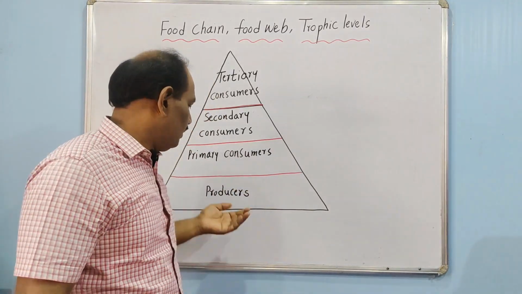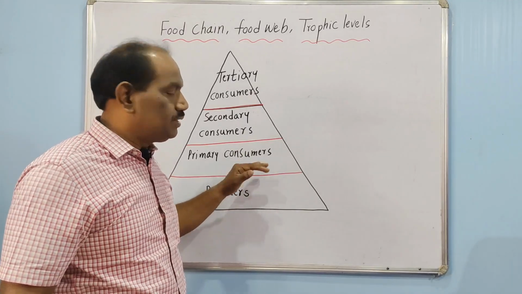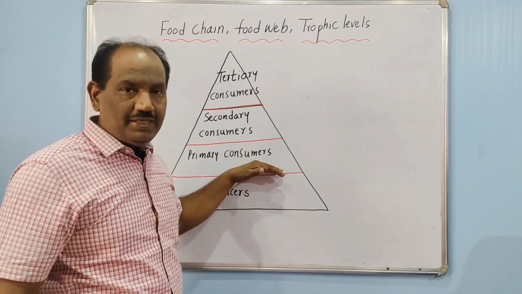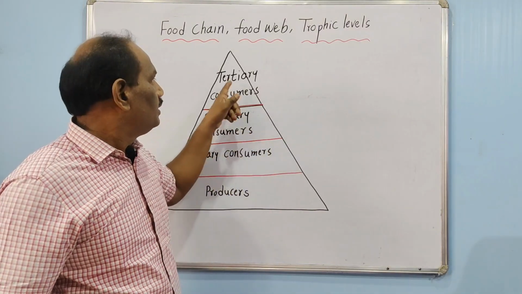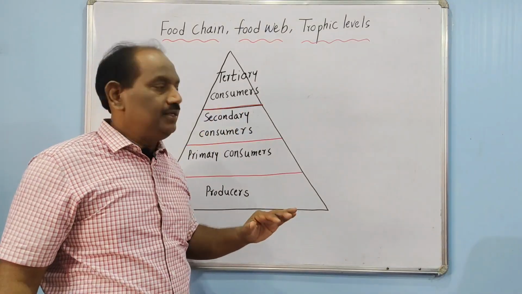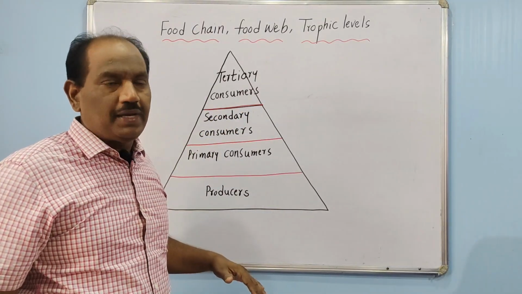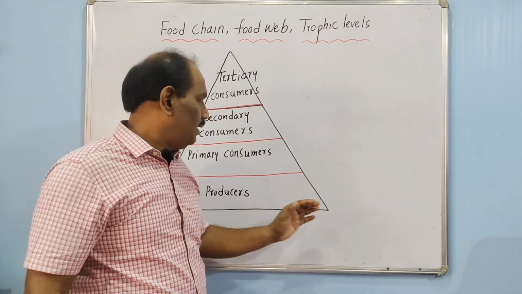Let me take an example. Producers, plants. Herbivores, goat or a rabbit. Secondary consumer, fox. What is the top consumer? Tertiary consumer here, tiger. These are the different trophic levels of the food chain in a pyramid form.